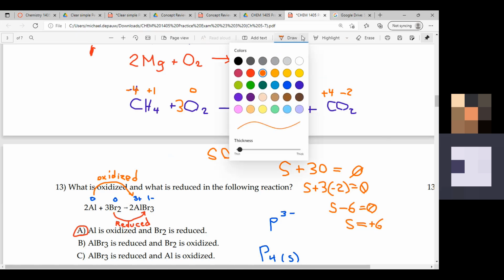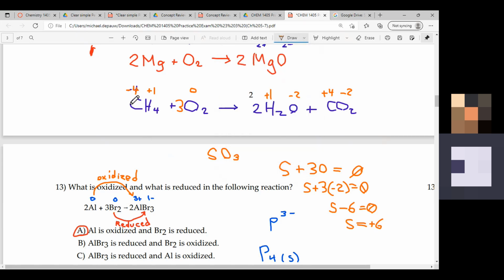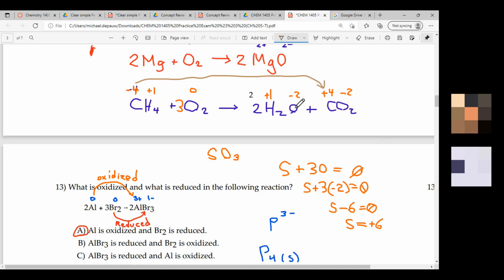And then if we're looking at this, I can see that my carbon went from -4 to +4. So what happened to the carbon? It was oxidized. And I see that my oxygen went from 0 to -2, which means that the oxygen was reduced.